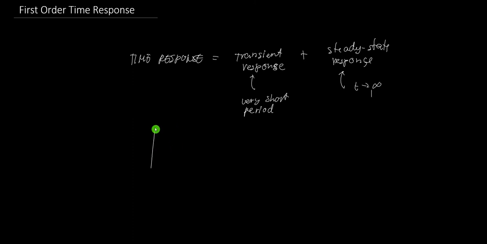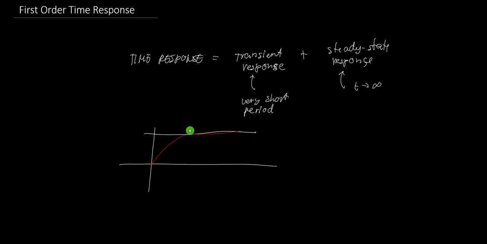So if we draw a time response, for example, if this one is our input, then our output, our response, looks like this. Our goal is to make our output the same as our input, because our input usually is the desired value, while the output is the actual value.